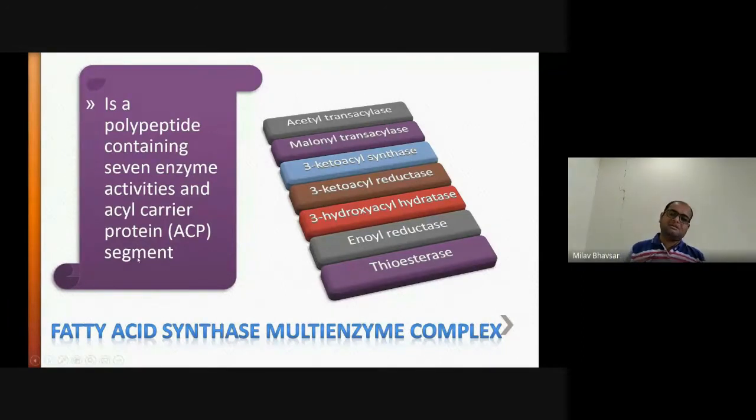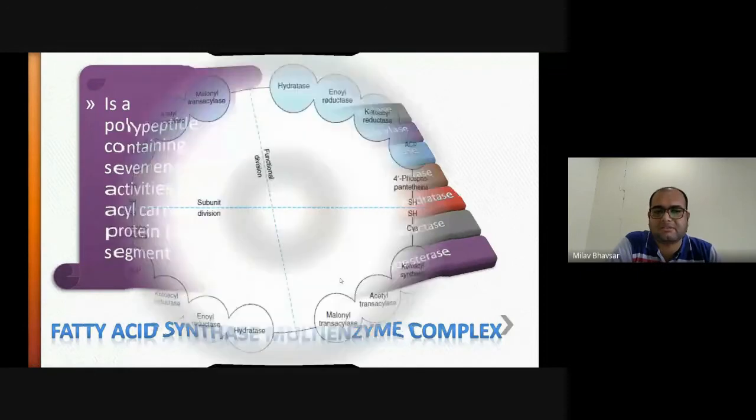What basically happens is that your malonyl coenzyme or substrate is bound to one single carrier protein and every time enzyme comes and works upon it. So which are the enzymes? Acetyl transacylase, malonyl transacylase, ketoacyl synthase, ketoacyl reductase, dehydroxyacyl hydratase, enol reductase, and thioesterase.